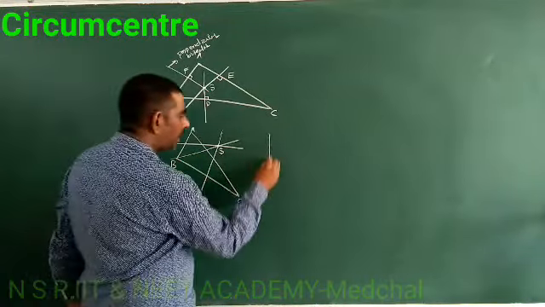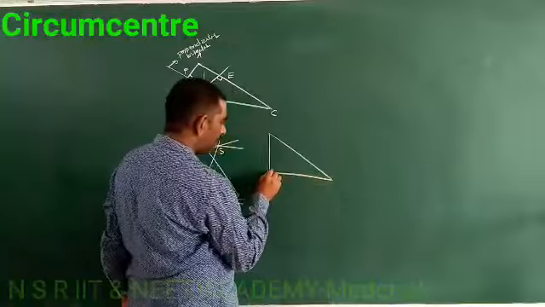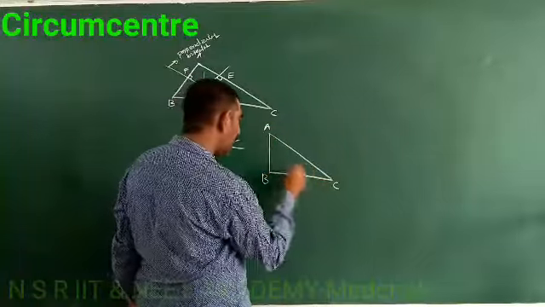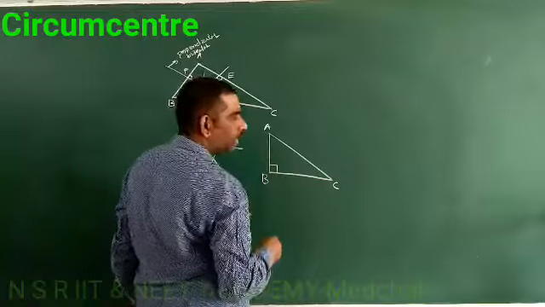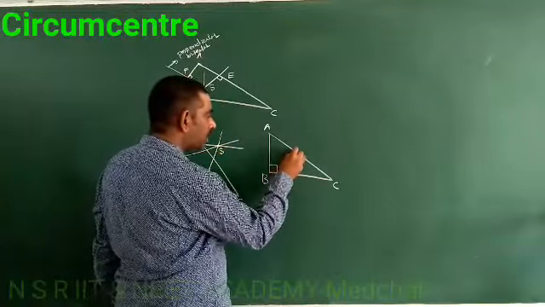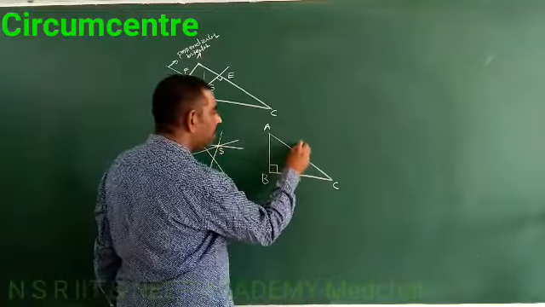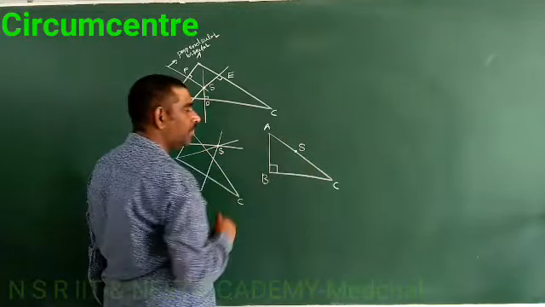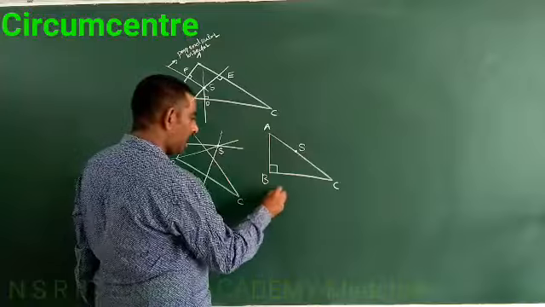In a right angle triangle, suppose the triangle ABC is a right angle triangle. In the right angle triangle, the circumcenter lies at the midpoint of the hypotenuse. So the circumcenter becomes the midpoint of the hypotenuse.